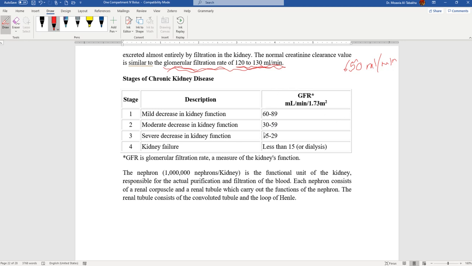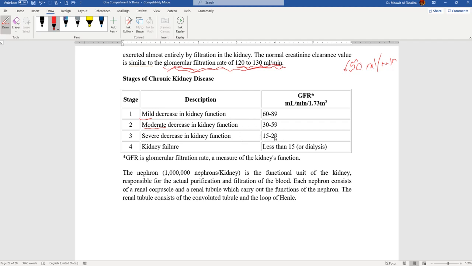If the GFR is 30 to 59, I have moderate. Moderate means more than mild. Mild is like we are talking about the middle, average. Moderate decrease in kidney function.